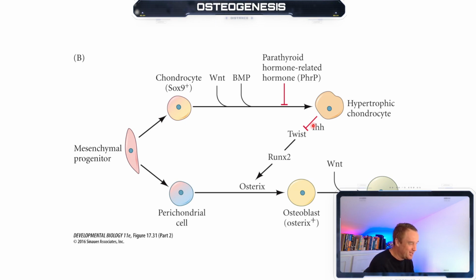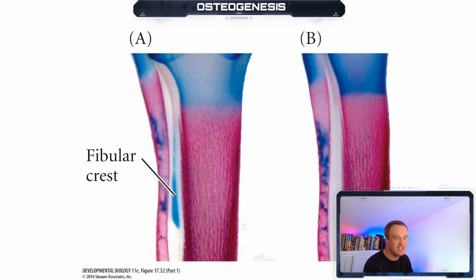Don't know the story behind that name. But Indian Hedgehog can be expressed by chondrocytes, which represses Twist, and so then it can turn on bone-specific proteins. Anyways, I just think it's funny that it's another kind of jokey name of a gene, Indian Hedgehog.